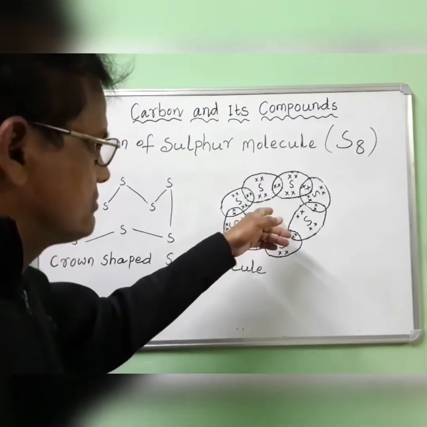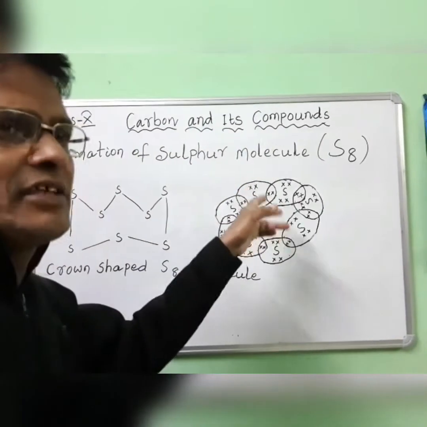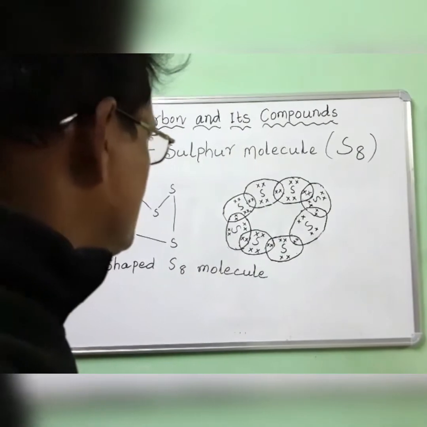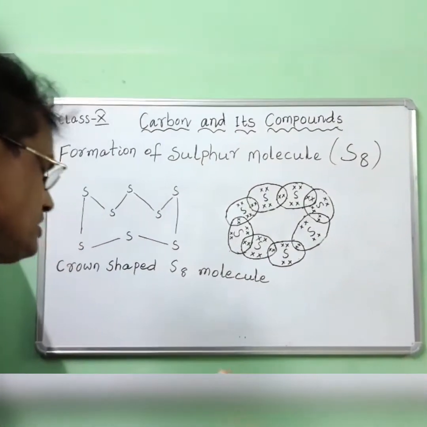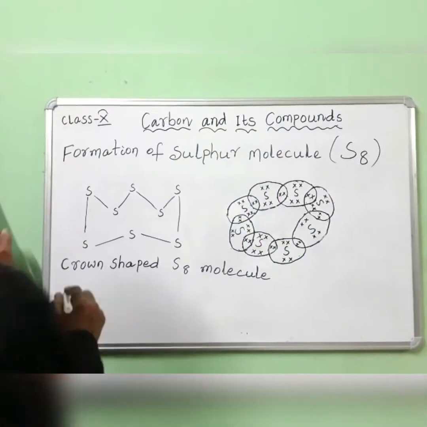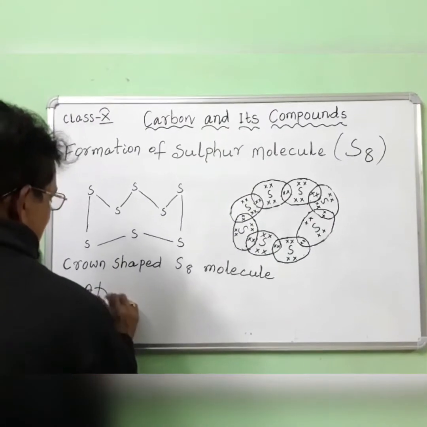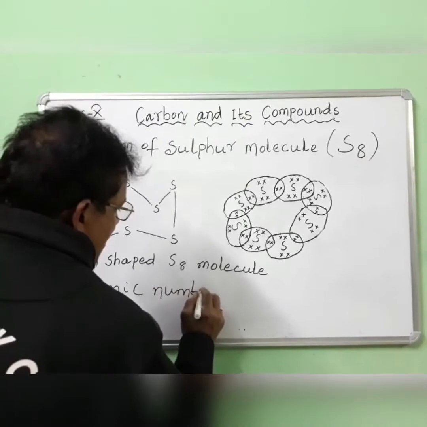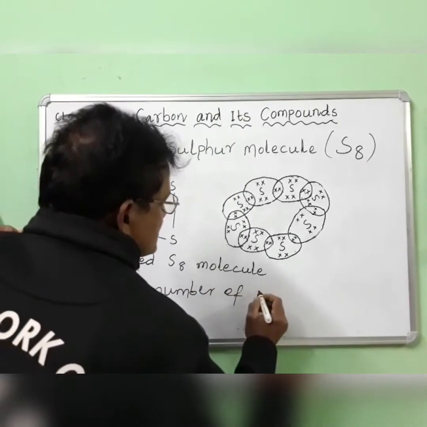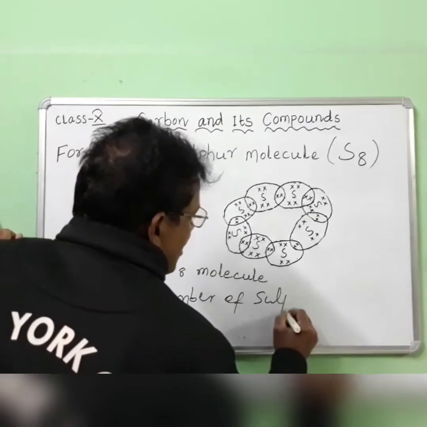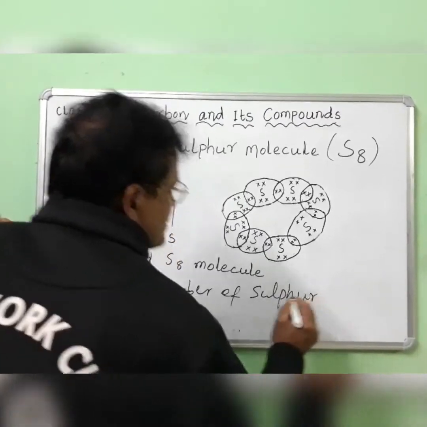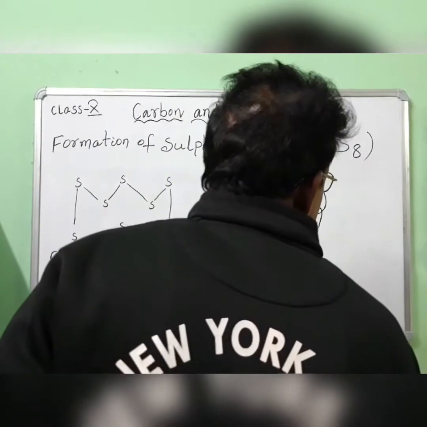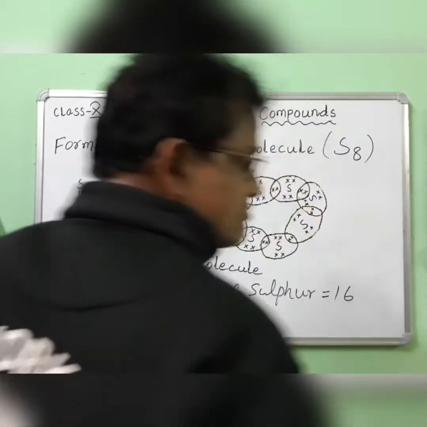Here, each sulfur atom, so we have already known that the atomic number of sulfur is what? 16. Clear?